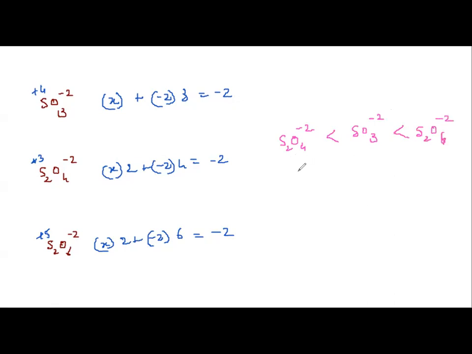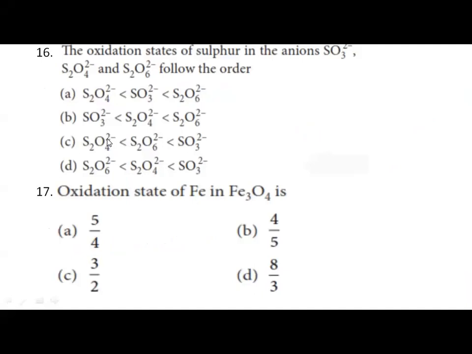So what is the charge here? Plus 3 on sulfur. Here it is plus 4 and here it is plus 5. So which is the correct order? Look at the options. Which satisfies our answer is the correct order. It is option S2O4 minus 2 less. Yes, it is option A itself. It is option A. Is that clear?